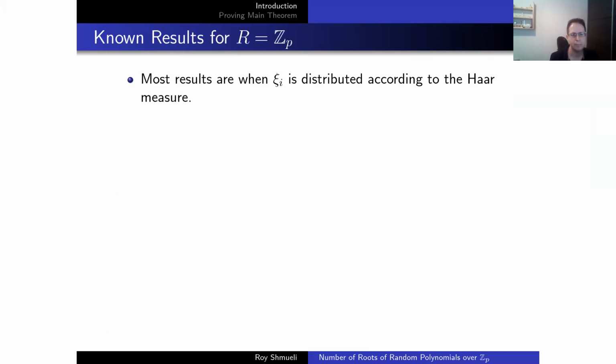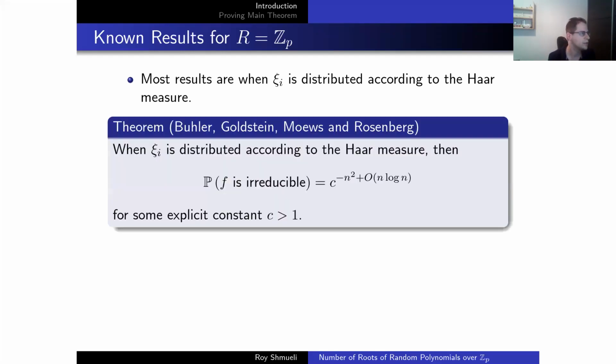On the other hand, in the p-adic integers, most results about random polynomials are for when the coefficients are distributed according to the Haar measure on the p-adic integers. One result of Bollobás, Goldstein, Maus, and Rosenberg is that the polynomial is irreducible with probability tending to 0.